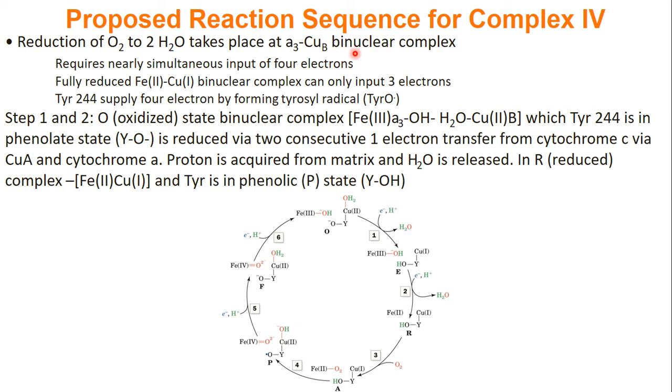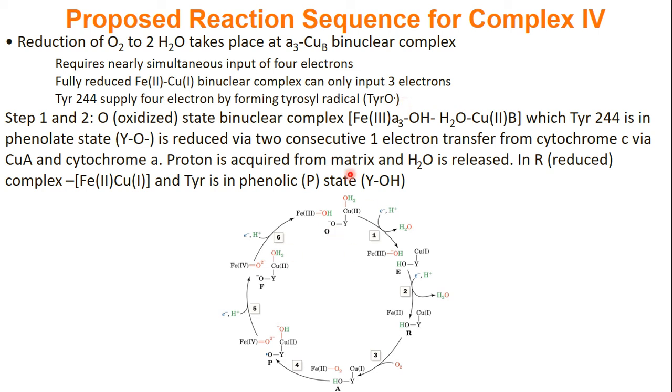To do this, we basically need the input of 4 electrons all at the same time. Our iron-copper complex can only give us 3 electrons, so we have a side chain tyrosine, which gives us our 4th electron by becoming a tyrosyl radical.